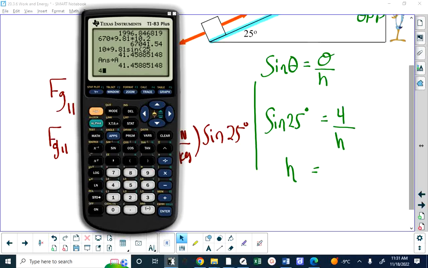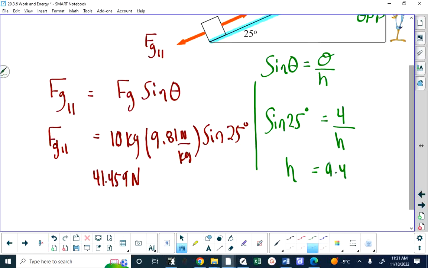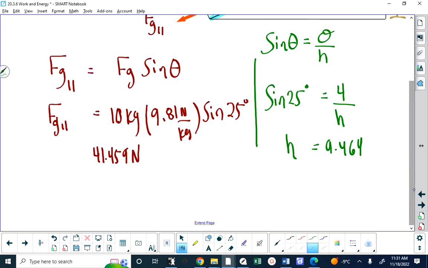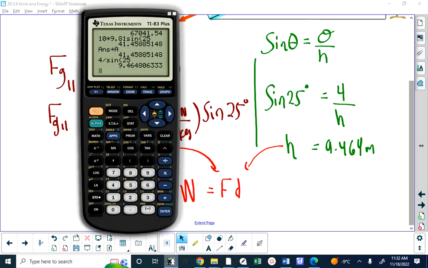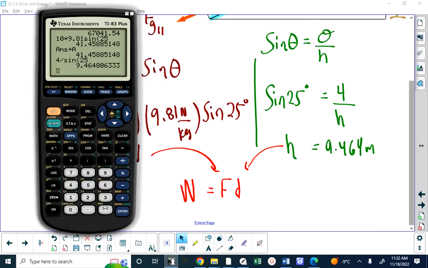H here will be 4 divided by sine of 25 degrees. So I get 9.464. Work will be the product of those two, right? This force times this displacement. I've stored that force in my calculator as A times my answer gives me this number.